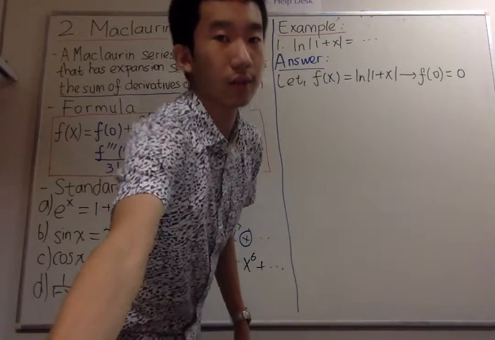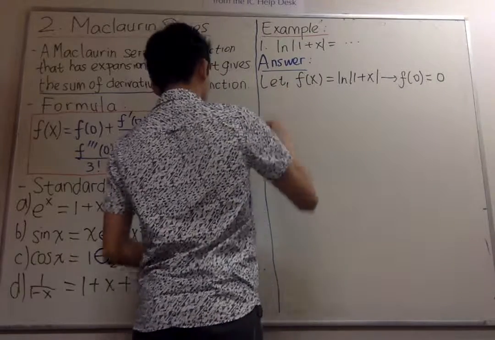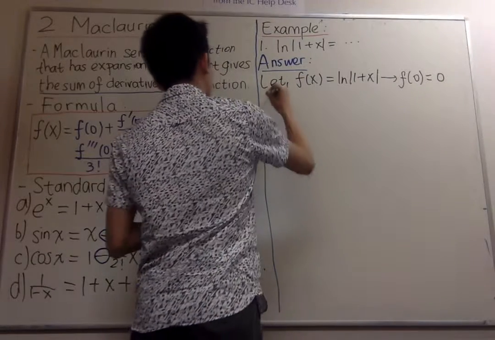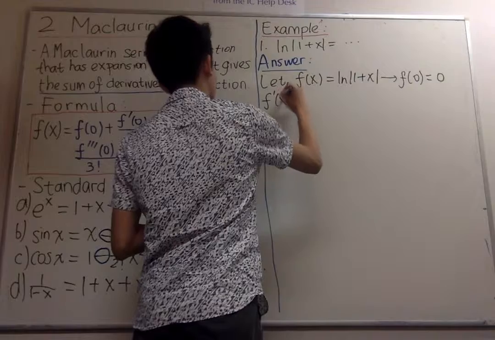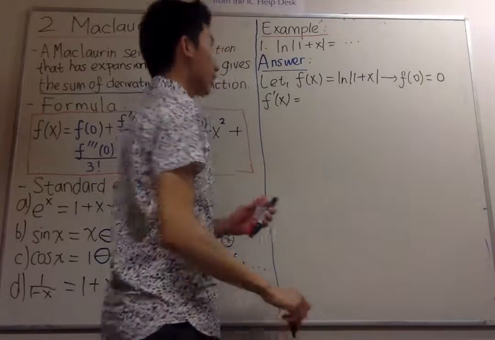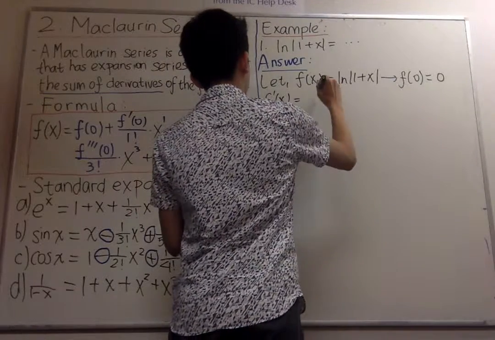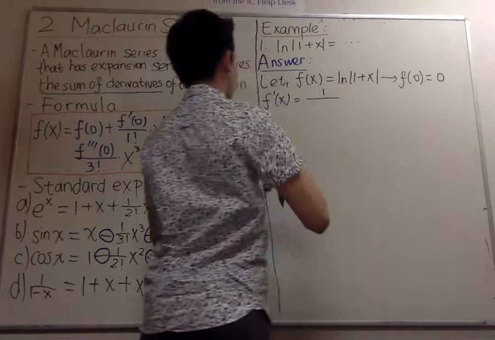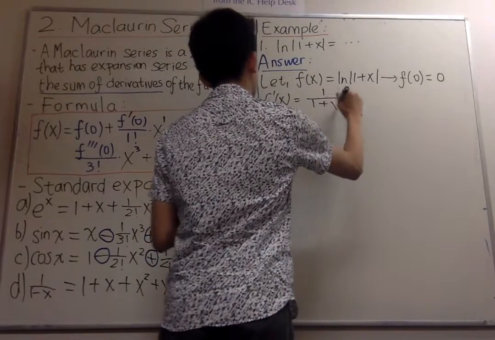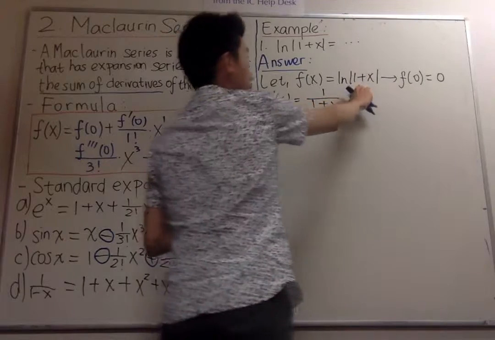Now we shall differentiate it for the first time. So we have f prime of x. The derivative of ln is 1 over 1 plus x times the derivative inside.